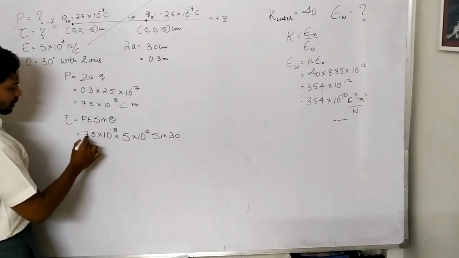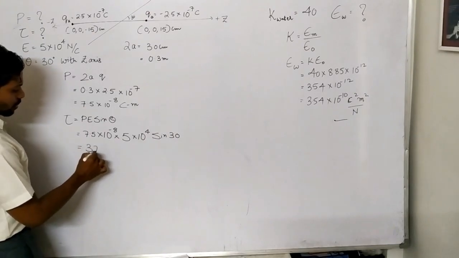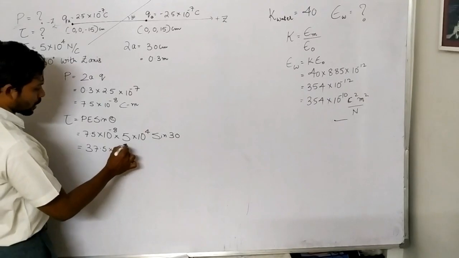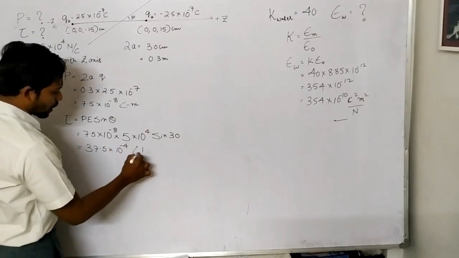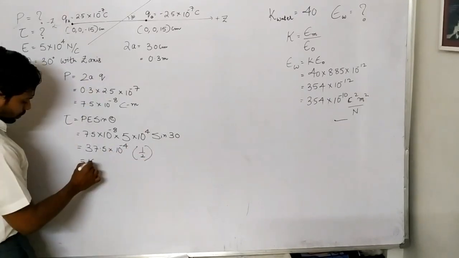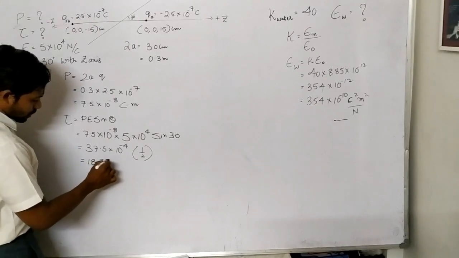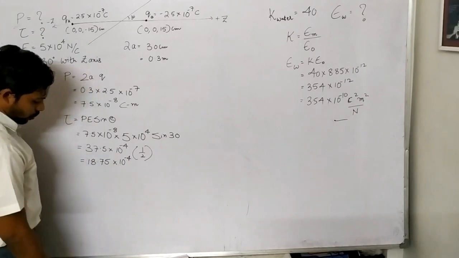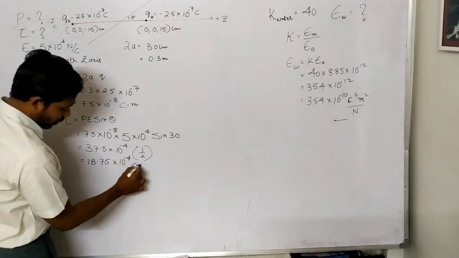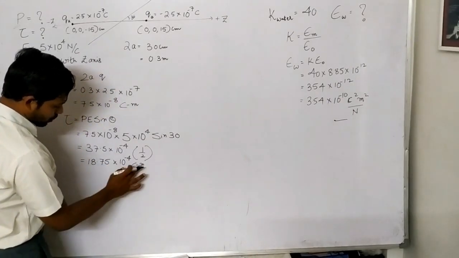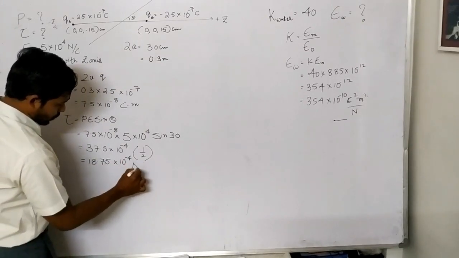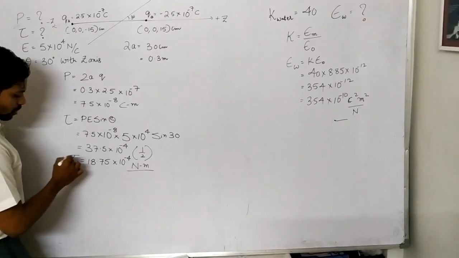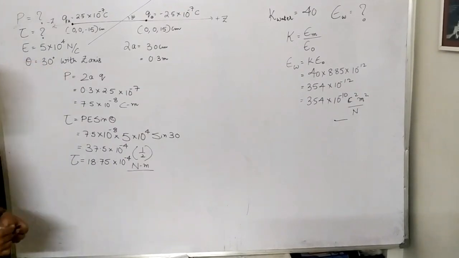So we are getting 37.5 into 10 to the power of minus 4, and sine 30 value is half, so 18.75 into 10 to the power of minus 4 Newton meter. So this is the value of the torque.